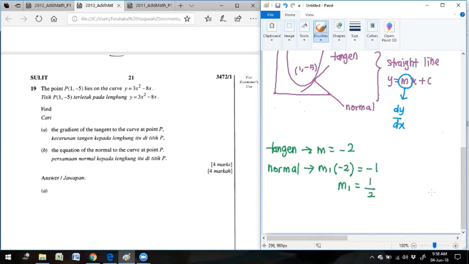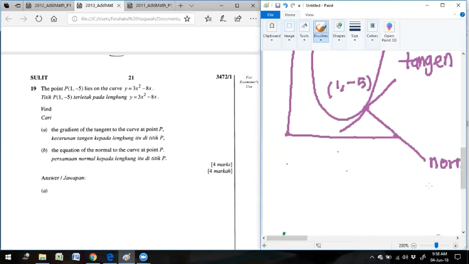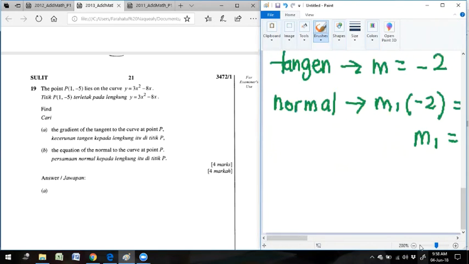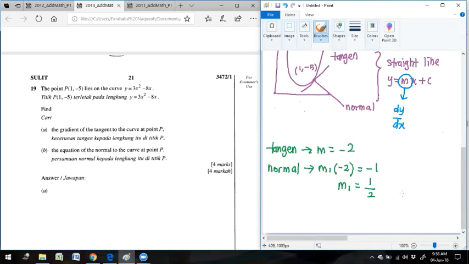Then substitute into the equation y is equal to mx plus c: 1/2 x plus c. With y is -5, -5 is equal to 1/2 times 1 plus c.